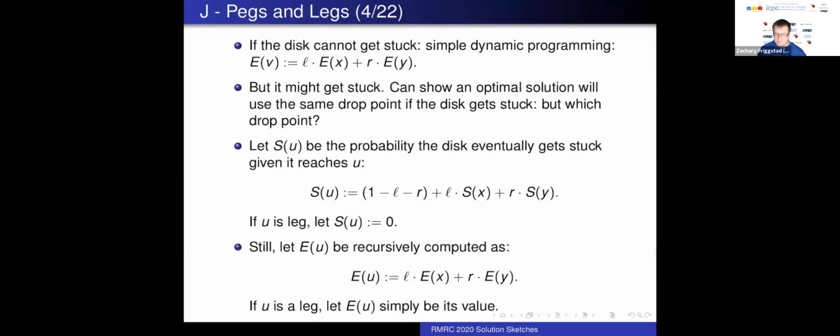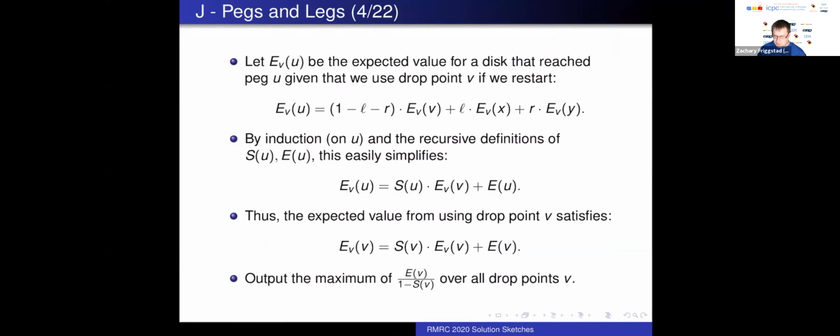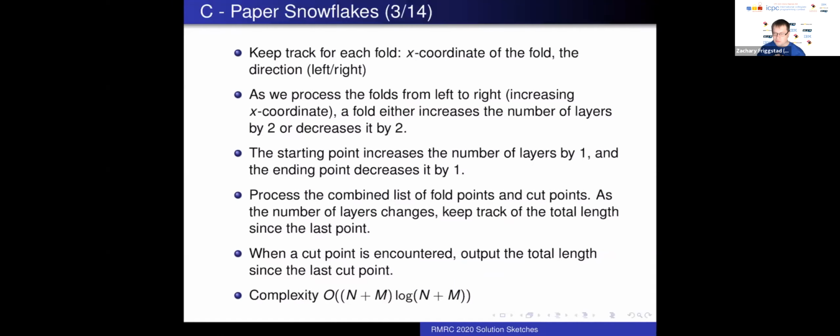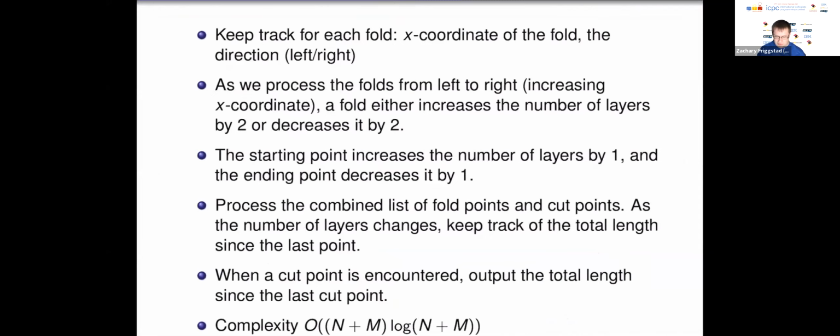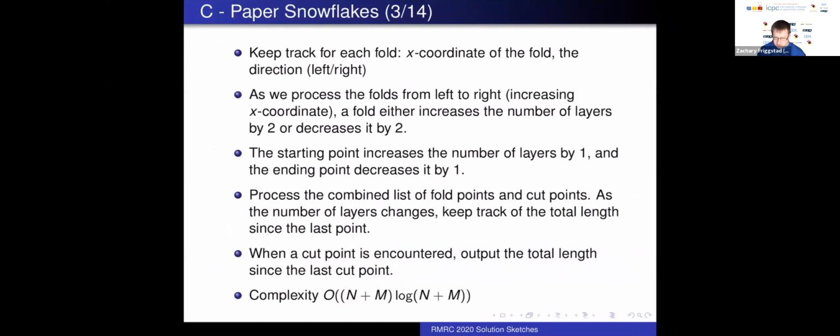So the other ones were a bit more of the usual flavor that we're used to in these sorts of programming contests, although probability certainly is fair game. Paper snowflakes. This one had a nice little picture accompanying it. You start off with a long strip of paper, and then you fold it.